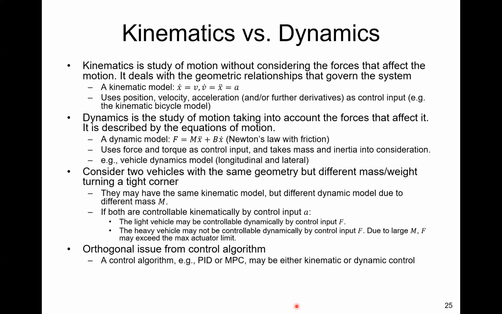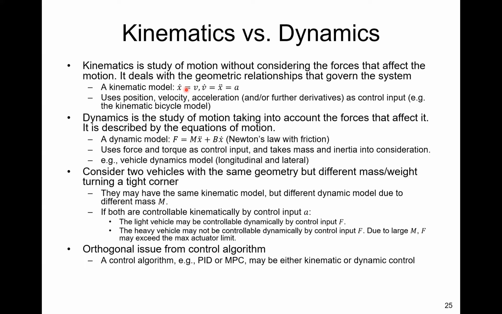Let me explain the terms kinematics and dynamics. Kinematics is the study of motion without considering the forces that affect the motion. It deals with the geometric relationships that govern the system. For example, the kinematic model is x dot equal to v.